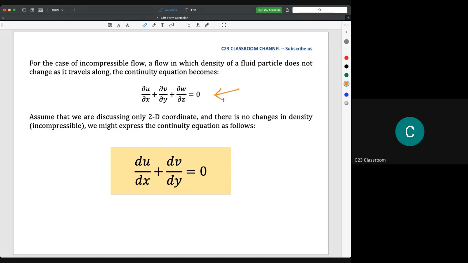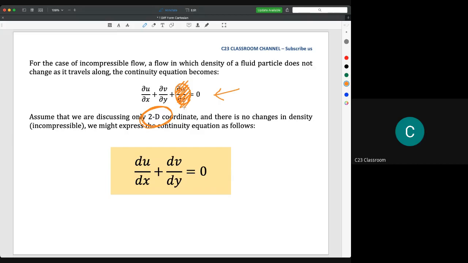Kemudian sekiranya kita discuss hanya dua dimensi, 2D coordinates, so kita anggap bahawa dw dz, kerana apa dw dz boleh equal to 0? Kerana kita beranggapan bahawa tidak ada komponen velocity of w. Maksudnya tidak ada partikel yang bergerak ke arah z. Oleh itu kita anggap bahawa nilai ini akan sama dengan kosong.